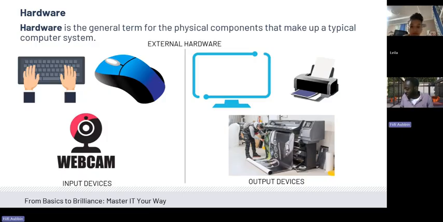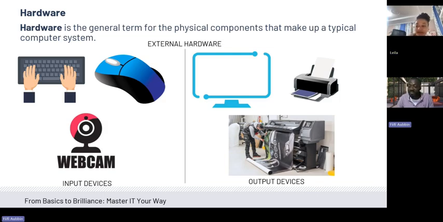What is hardware in your own words? Like the physical components of a computer. So the physical components of the computer. Can you give me some examples of these physical components?